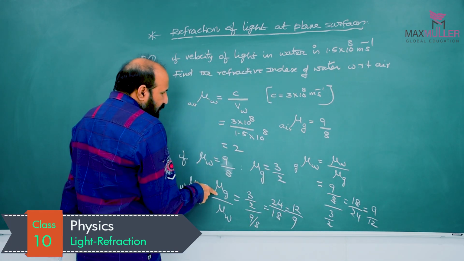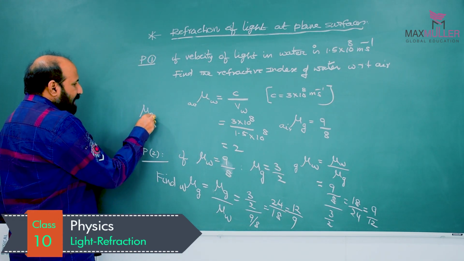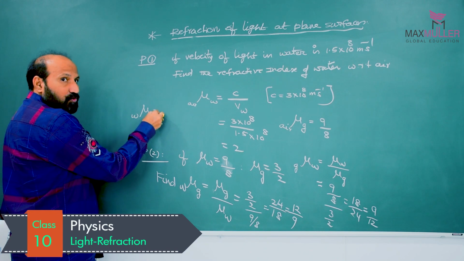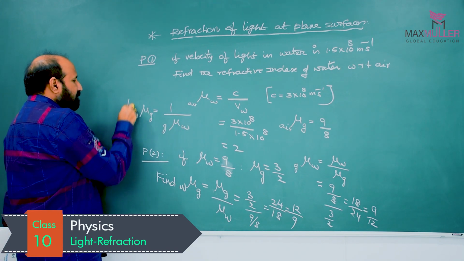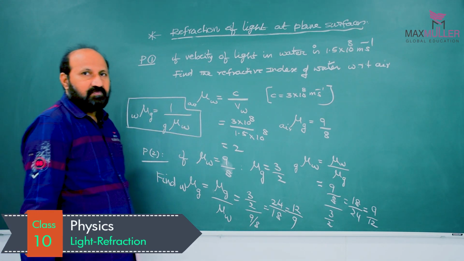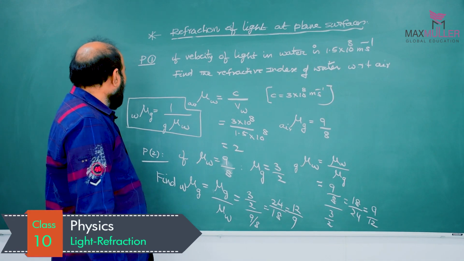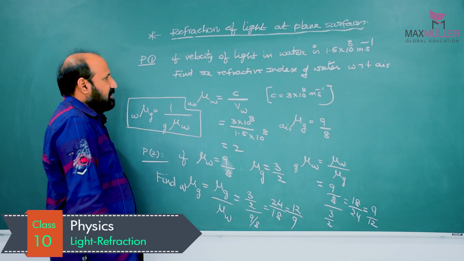From these two relations, one can understand mu of glass with respect to water is equal to 1 by mu of water with respect to glass. This is the principle of reversibility.